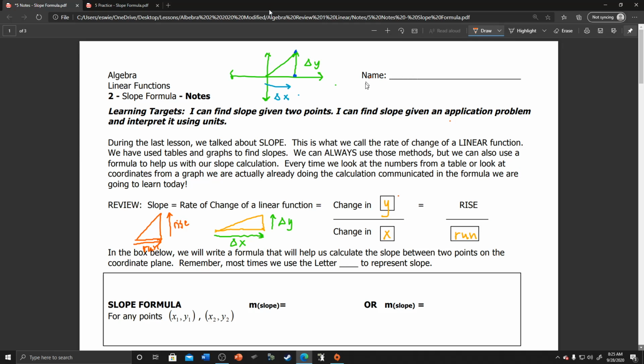So this is going to be the formula we always fall back on, rise over run. So in the box below, we'll write a formula that will help us calculate the slope between 2 points on the coordinate plane. This is that coordinate plane. And most times when we write it down in an equation, once we figure out this number, we can in general represent it with the letter m.